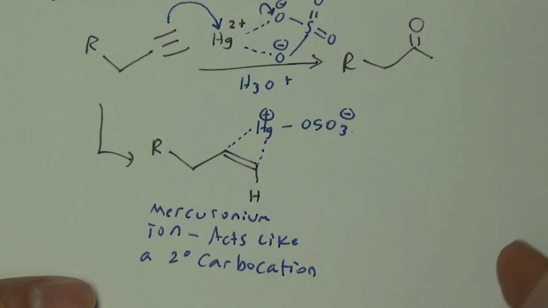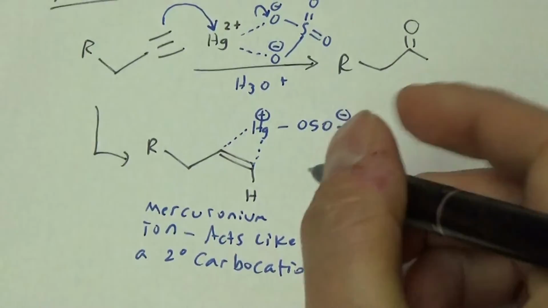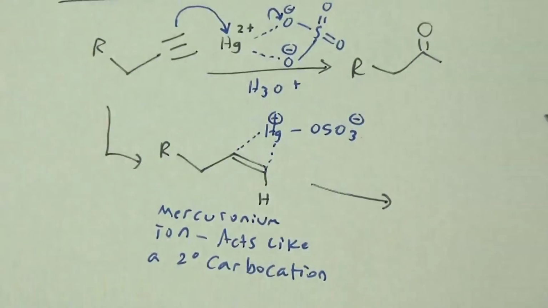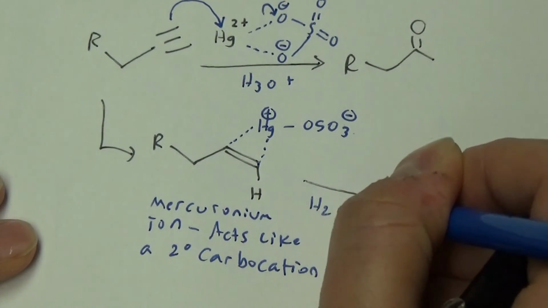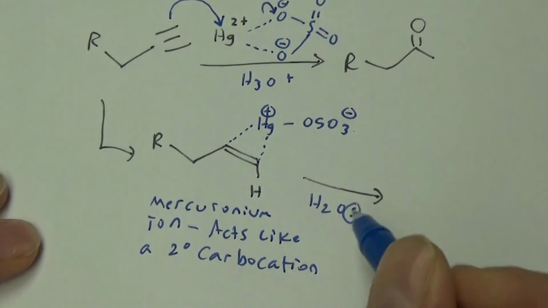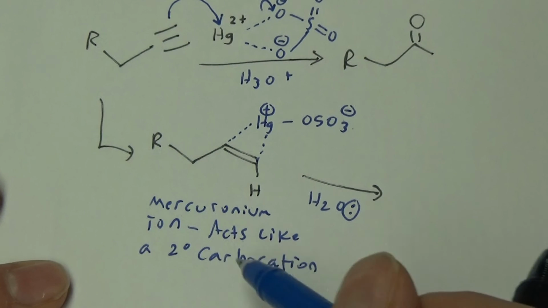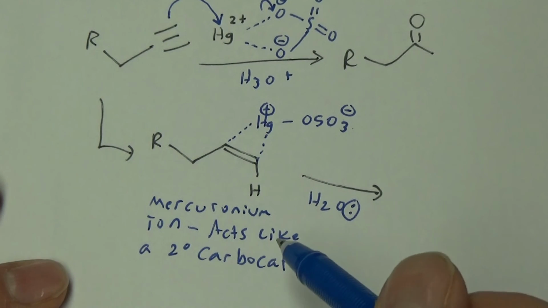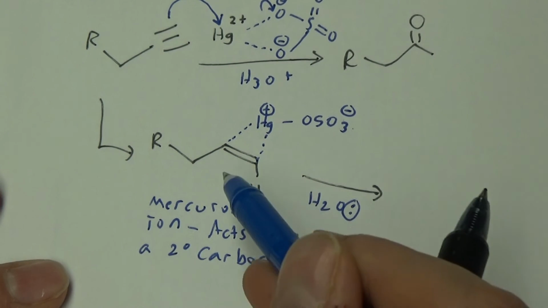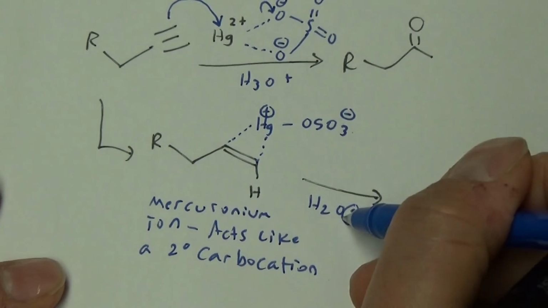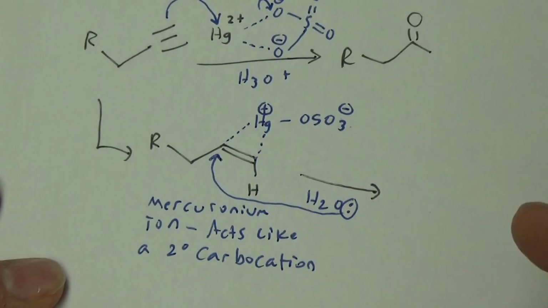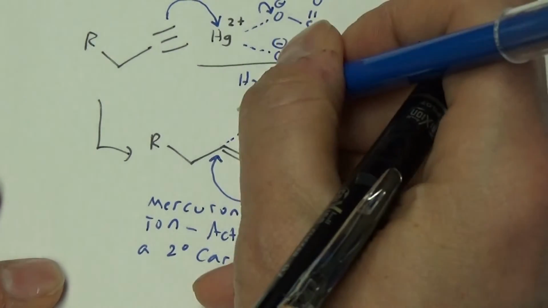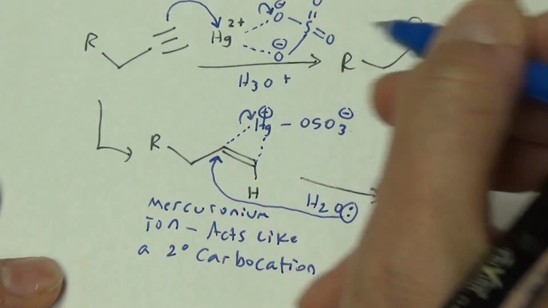All right, so that's cool. Now I'm just going to go downward. We got a couple little steps to draw. We draw H2O, and what's H2O going to do to this thing that looks and acts like a secondary carbocation? The water is going to attack the secondary position. And that breaks off the mercury.